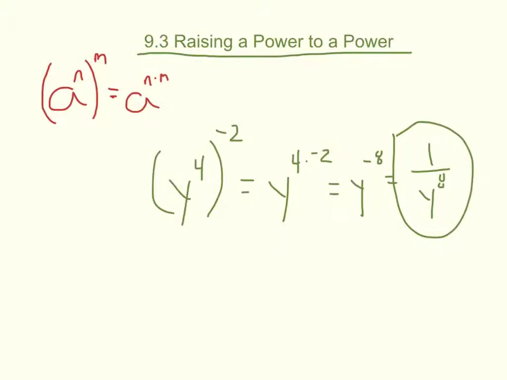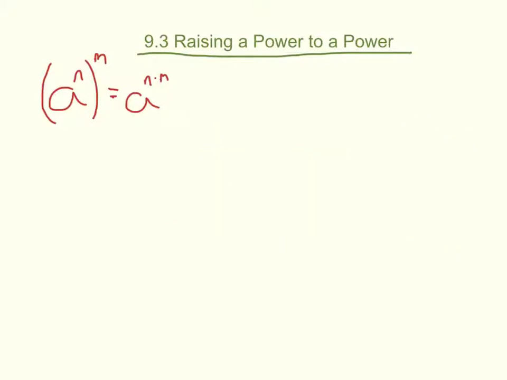One more curveball, and then I'll let you go. Now let's say, and this is where this gets a little bit tricky, let's say I have 3x squared to the third power. Okay. People get a little weird here because now I have a coefficient other than 1.